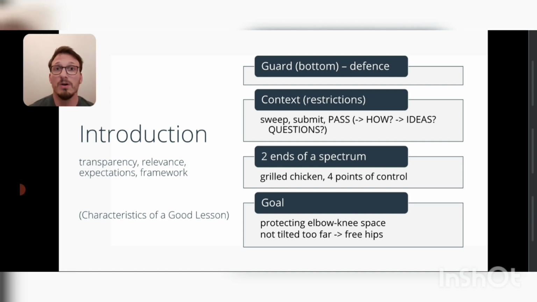So the goal of this training block was to teach them to protect the elbow-knee space against different ways their opponent tries to open up that space, and to teach them that they are not tilted too much onto one side, so that their hips are immobilized, so that they understand that it is very important to keep your hips free.